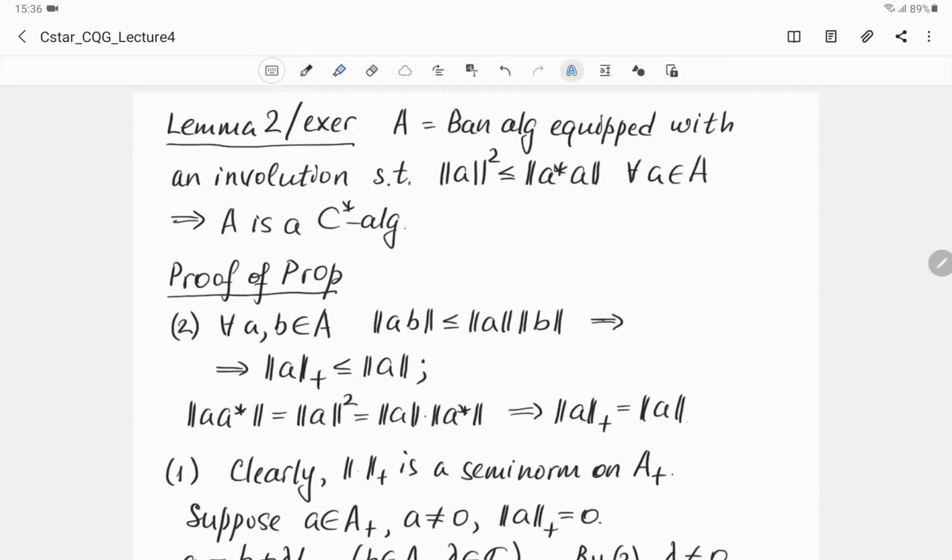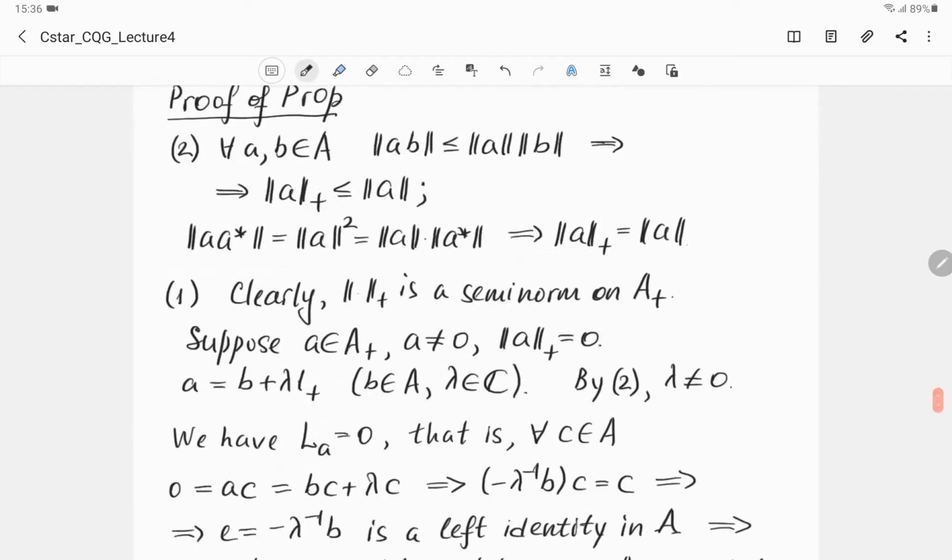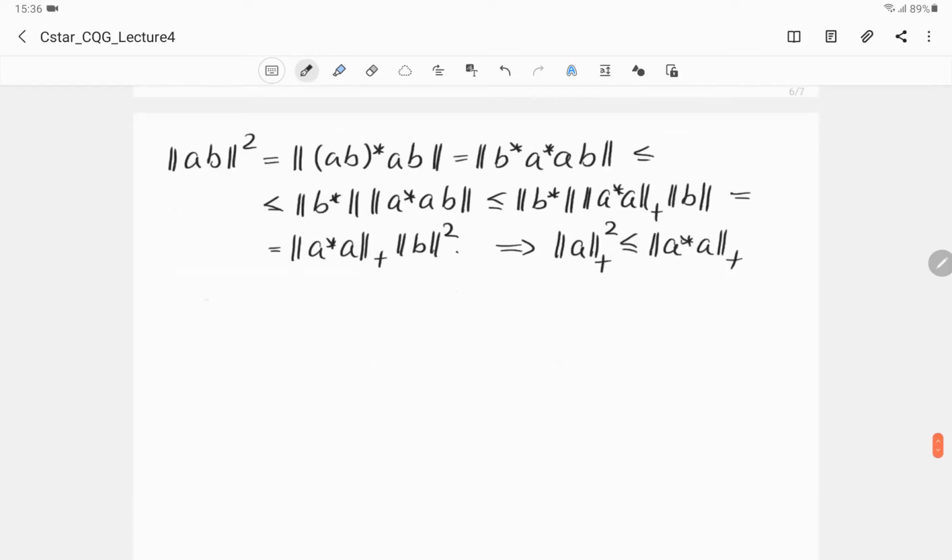So we proved exactly this inequality in the unitization, which implies that unitization is a C-star algebra. And this completes the proof.